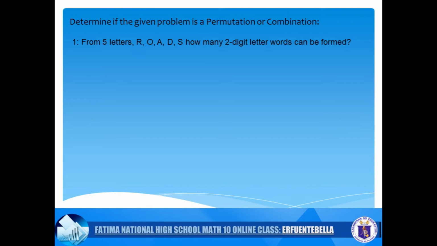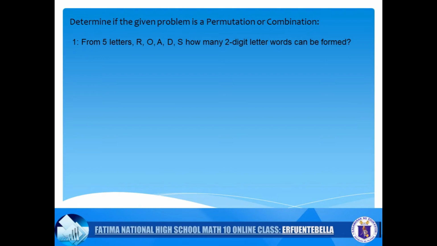So you have to determine first if the given problem is a permutation or combination. So example number 1. From 5 letters R, O, A, D, S, how many two-digit letter words can be formed? Is this permutation or combination?